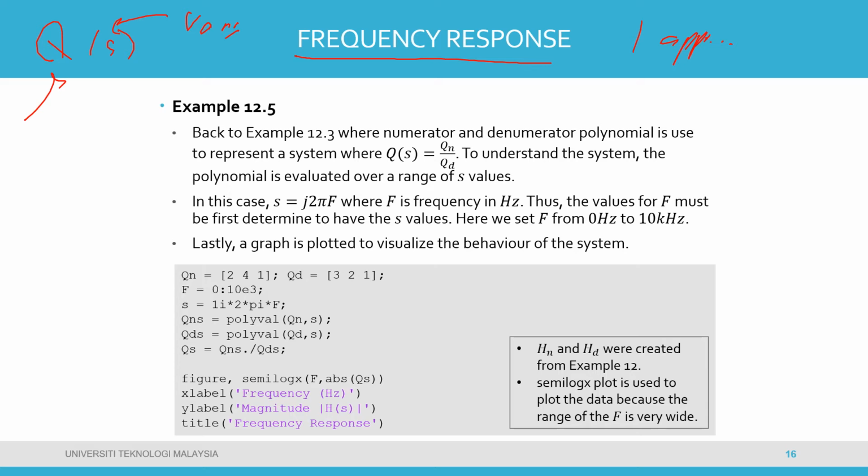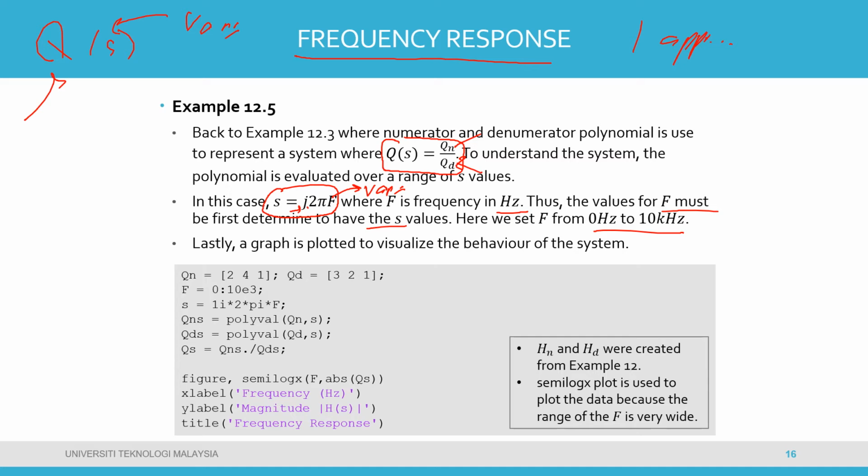Remember that the closed loop system is Q(s), and you have a numerator and a denominator. So s is actually j 2 pi f, so the frequency is varied. The frequency is in hertz. j is the imaginary number, 2 pi is the constant. f must be determined; it must vary from 0 to 10 kilohertz.